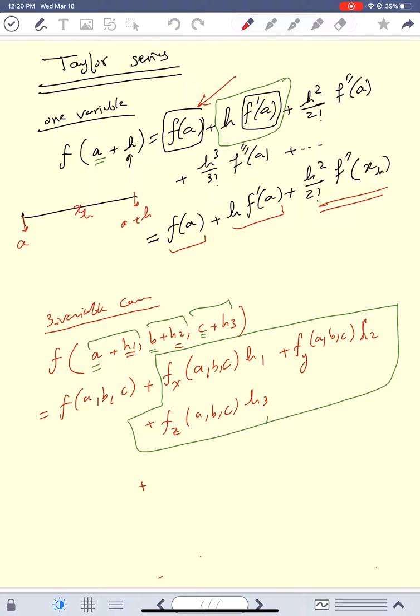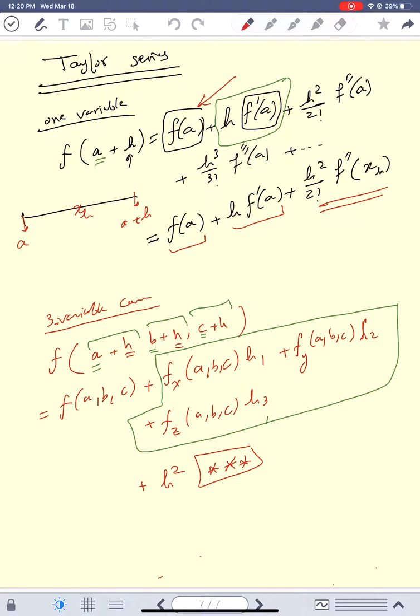But what matters in the end, it is a quadratic function in terms of these h's. So to make it a little easier, if we take this h to be the same, this will be plus h squared times something. I don't care what this thing is, okay?